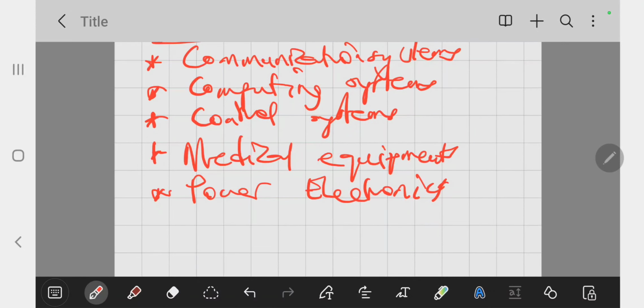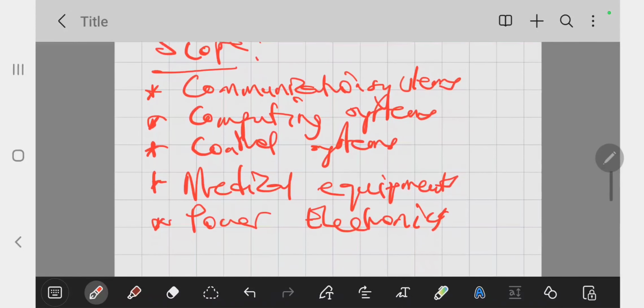So we continue. In the previous video we said these are some of the fields where we find application of electronics: communication systems, computing systems, control systems, as well as medical equipment and power electronics.